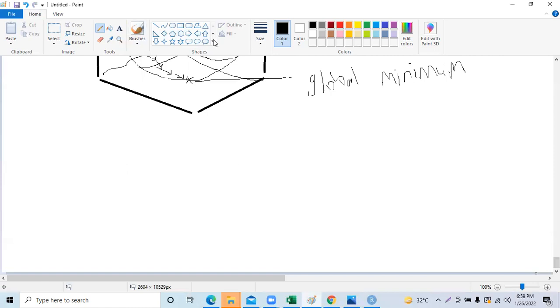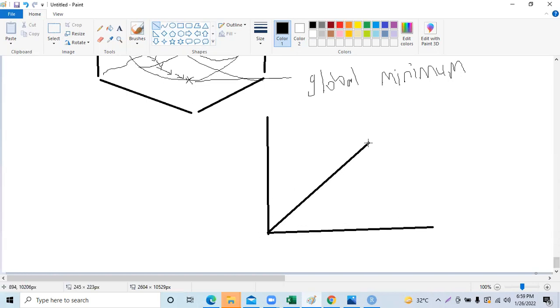We have a plane where we have a graph, our usual linear regression graph in 2D. And then we have a straight line. So being at our global minimum is where our linear regression hypothesis gives us the best fit.